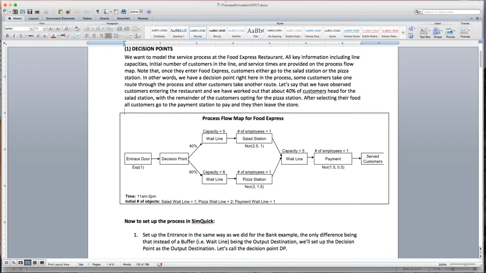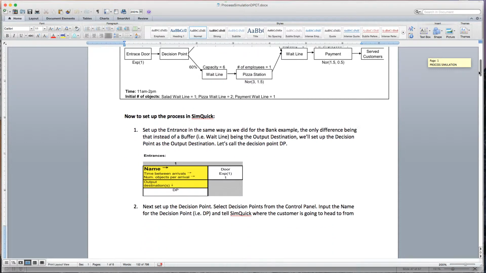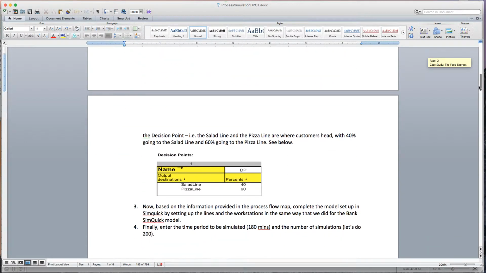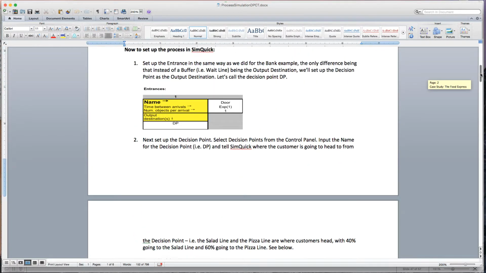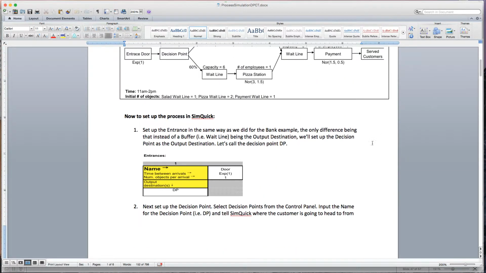For the decision point, if you scroll down a little within this document, I take you through how to set up the entrance and the decision point, and from there everything gets set up in the same way as we did it for the bank example. So how about we together step through setting up the entrance and the decision point, and then I'll let you take it from there.